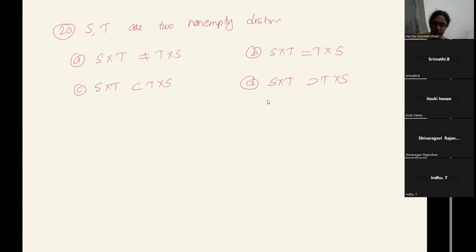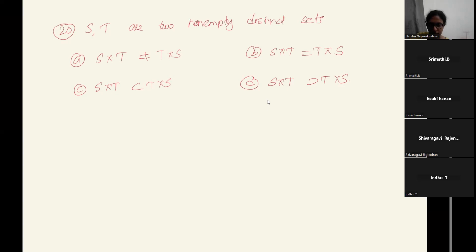So I am taking the condition non-empty and distinct here. If any of them is empty, or if they are not distinct, you just go through the conditions again and check what the true conditions are.